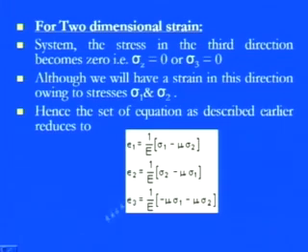So the principal strain in the third principal plane is 1 by E times minus mu times sigma 1 minus mu times sigma 2, because sigma 3 we are not considering, or we can say it is equal to 0.